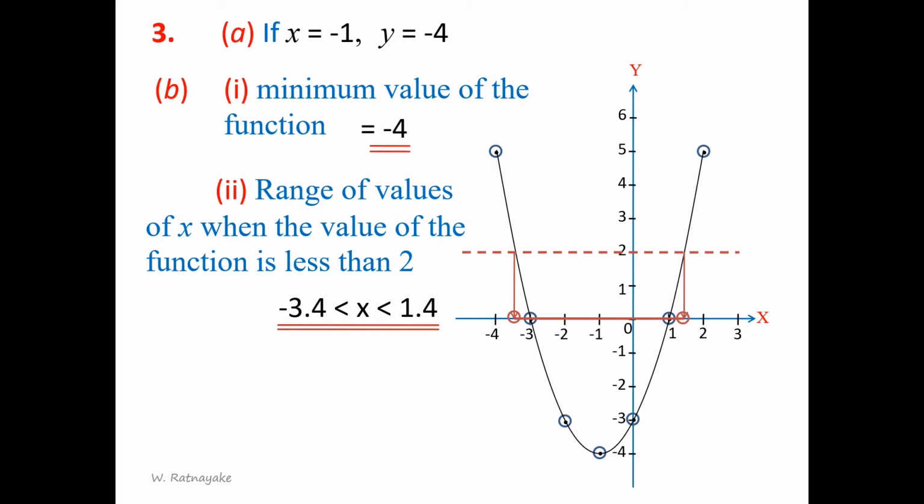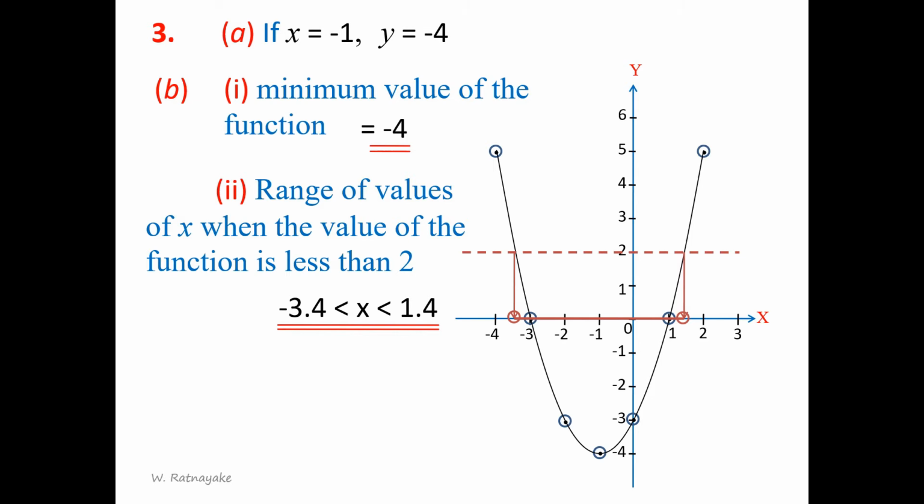Now we drew the margin line, that is y equals 2. The values above the line are for y greater than 2, and the values below this line are y less than 2.